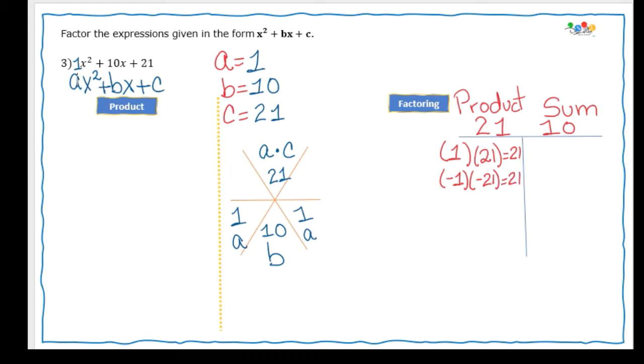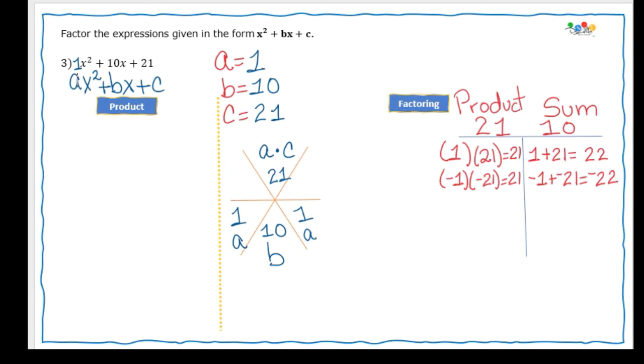So I'm going to use those two numbers to see if they give me a sum of 10. 1 plus 21 gives me 22. The next one will be negative 1 plus negative 21, and yes, I get negative 22. So those are not the numbers that I'm looking for. So I'm going to continue.